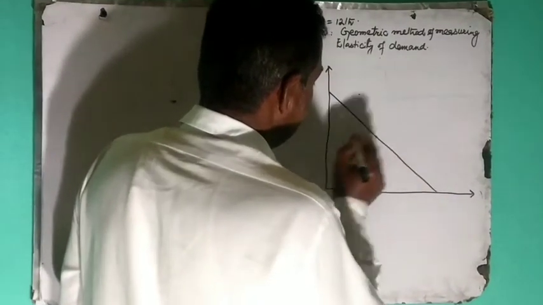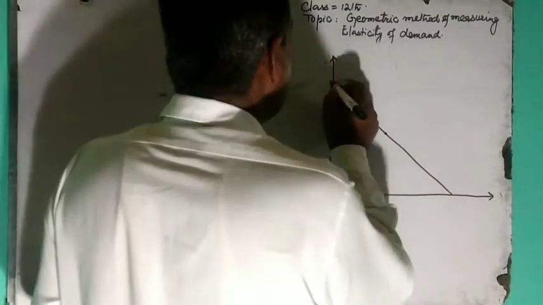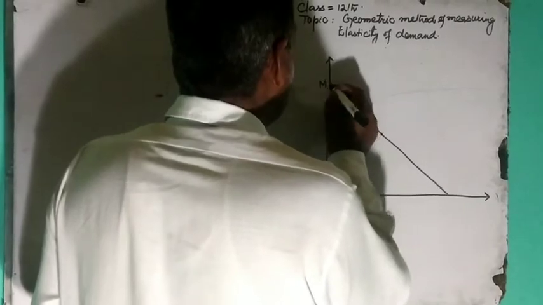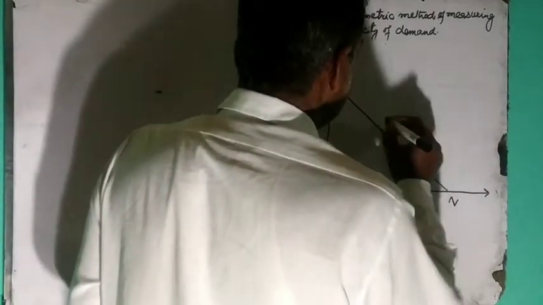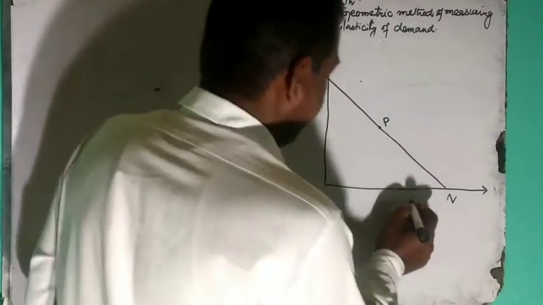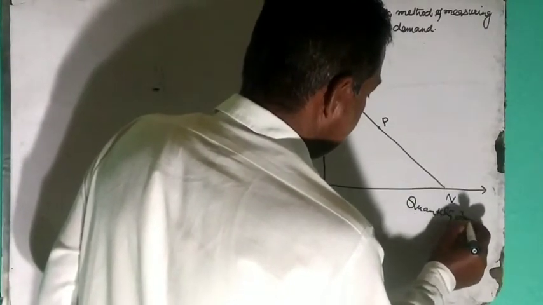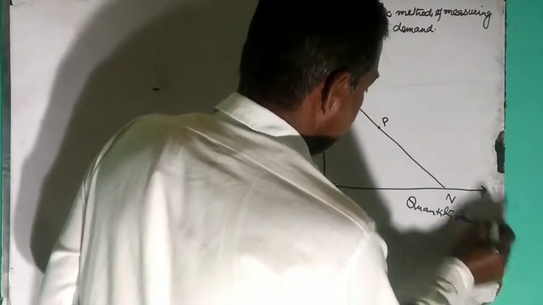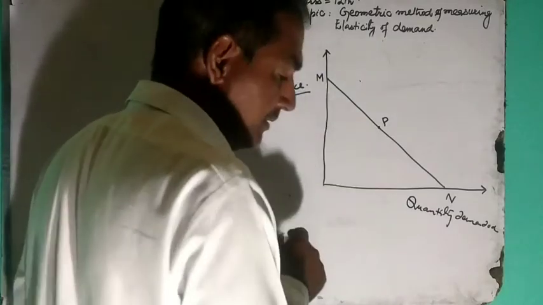If this is the midpoint of the demand curve MN, let me represent this by P. This is quantity demanded, and on the y-axis we measure price.